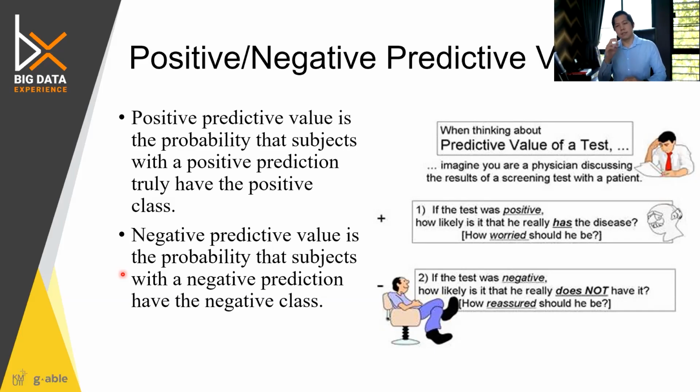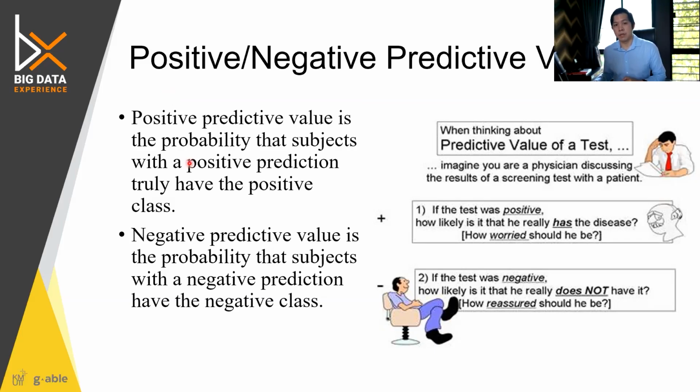Think about it as a disease test. You go to see the doctor, and the doctor tells you, congratulations, you got a negative result. Would you be at ease or not? This depends on the negative prediction value. Or if the doctor says, sorry, we see that you got a positive result, we need more tests, or should we just say that you have that disease?